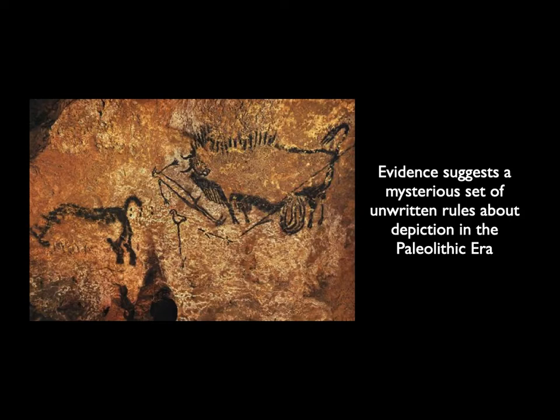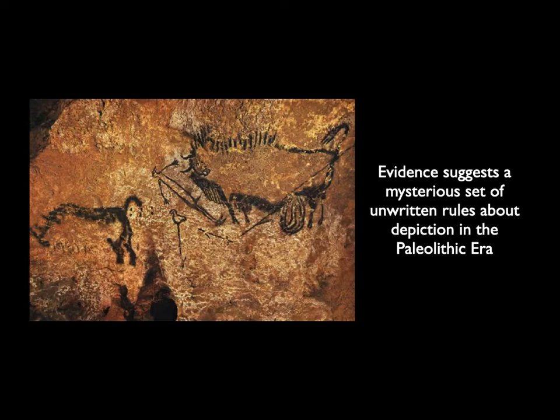But then you see that human form, this kind of glorified stick figure, this man evidently being gored by this bull, depicted in a way that's not lifelike at all. In fact, much more abstracted than the animals.